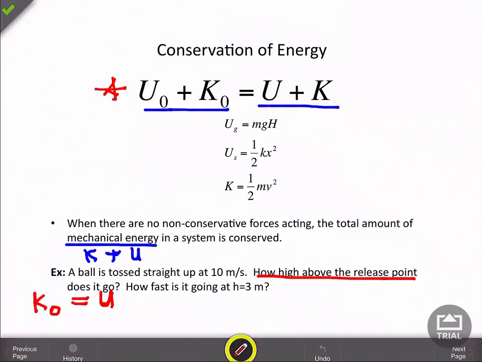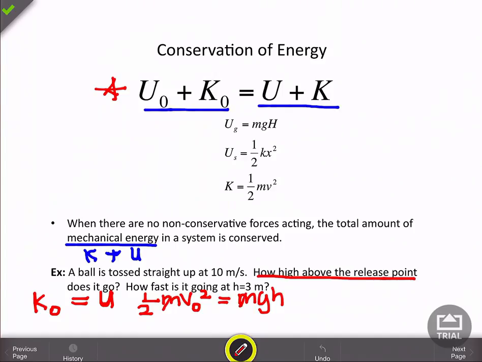Using my formulas, I have 1/2 m v initial squared is going to equal my final potential energy of mgh. Notice that the masses cancel out.